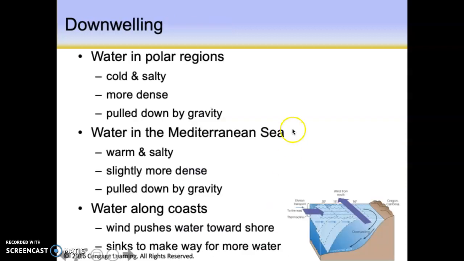So first of all, let's talk about downwelling. Most of the deep water forms in polar regions, and so we want to focus on this first bullet and the parts that are underneath it. In polar regions, it is cold, and the water tends to freeze.